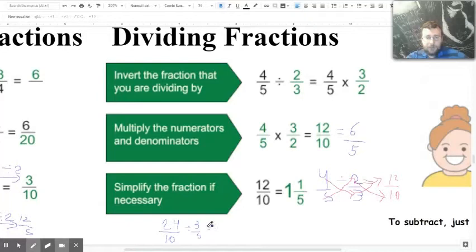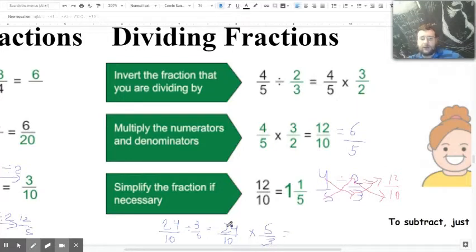So let's say I do copy-flip here, all right? So I would do 24 tenths times, so copy the first one, then times, and you invert the second one, right?